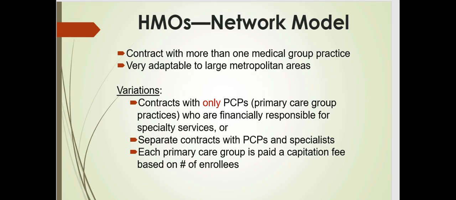Each group is paid a capitation fee based on the number of enrollees. The group is responsible for providing all physician services. The group can make referrals to specialists, but is financially responsible for reimbursing them for any referrals it makes.